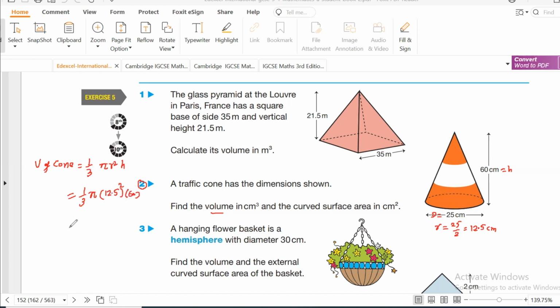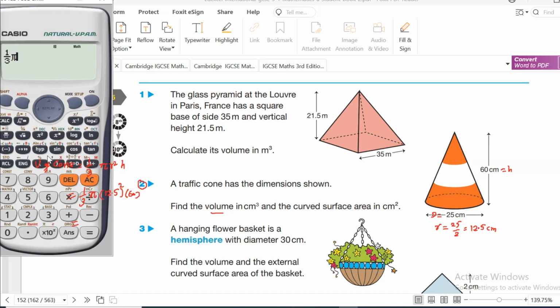So write 60 here, and then straight away you can check in the calculator. Press this button to get pi, then open bracket 12.5 squared, multiplied by 60. We will get this answer, 9817.